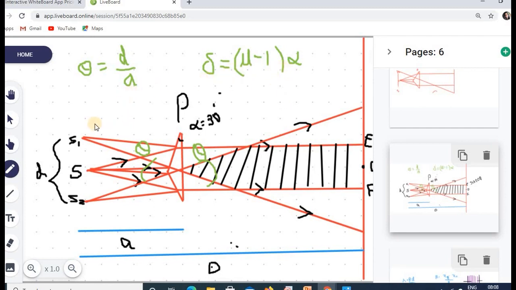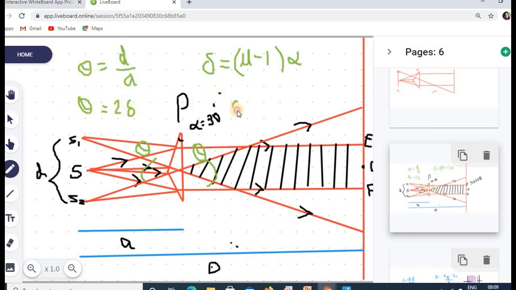And here in this condition our theta will be equal to 2 times delta. Theta is equal to 2 times delta. And from this I can write d is equal to theta into A. Instead of theta I can write 2 delta.